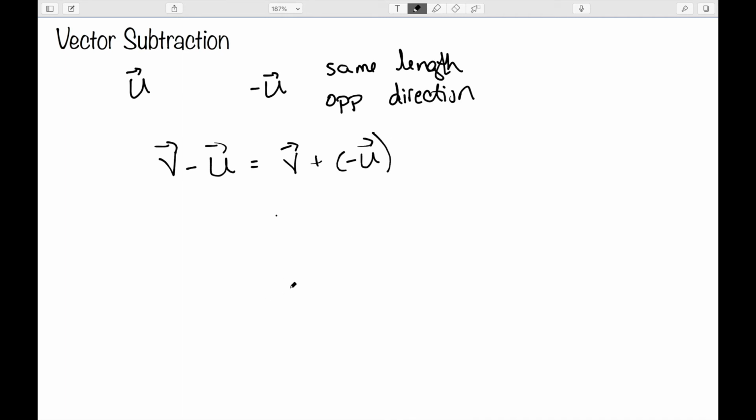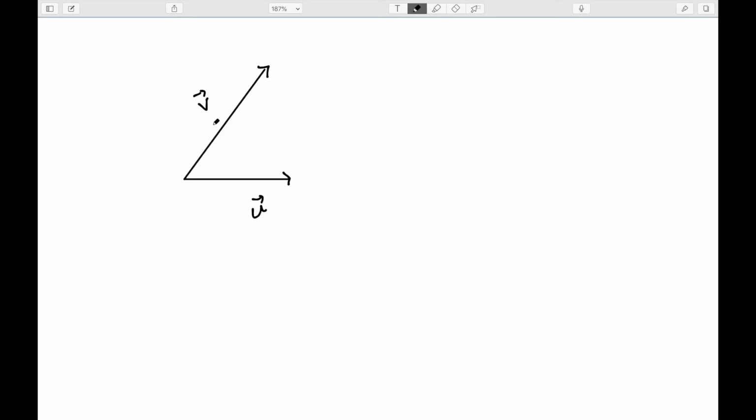So let's look at how this relates to our parallelogram rule as well as our triangle rule. Here I have a vector v and a vector u, and I want to determine the subtraction v minus u using my parallelogram rule. So what this means is v plus negative u.